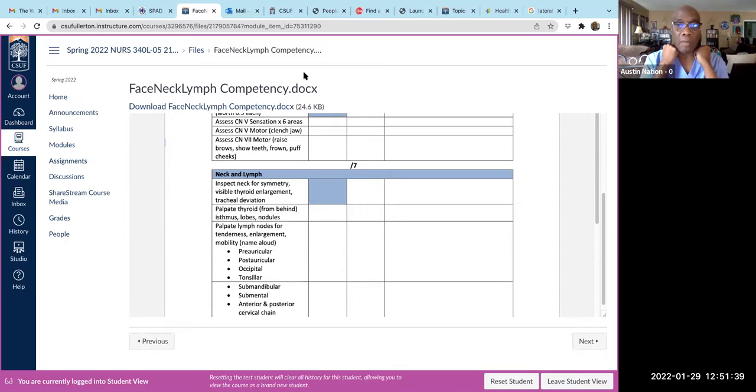And I have checked all the places on the head and neck where lymph nodes live. All right. Let's take it from the top of the series.